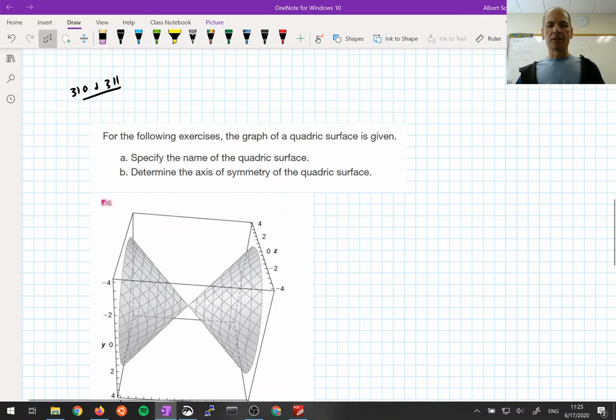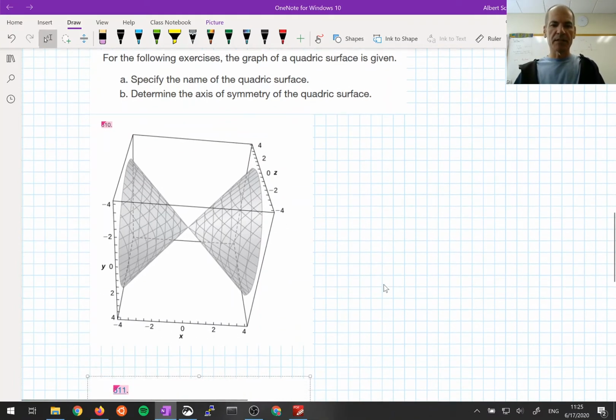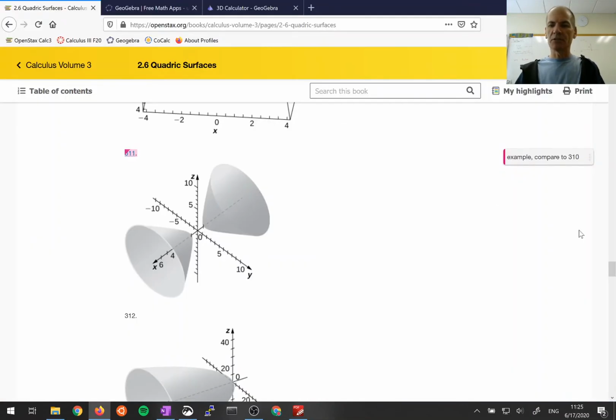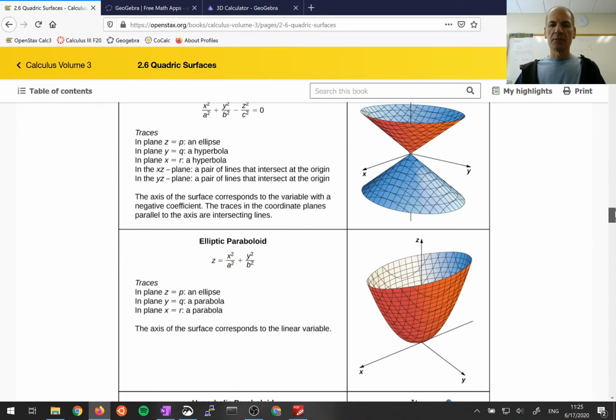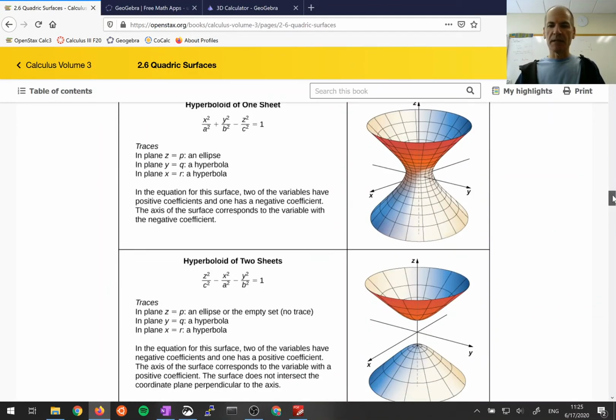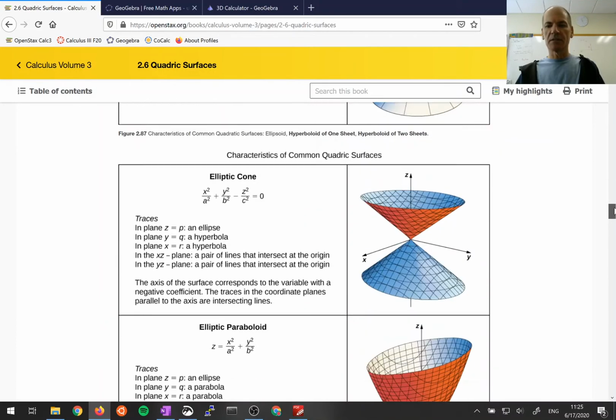Specify the name of the quadric surface. I think the easiest thing to do is to compare this quadric surface to the zoo of quadric surfaces that are enumerated here. And if we scroll down, it's clearly not an ellipsoid, not a hyperbola. It could be this, it could be this.